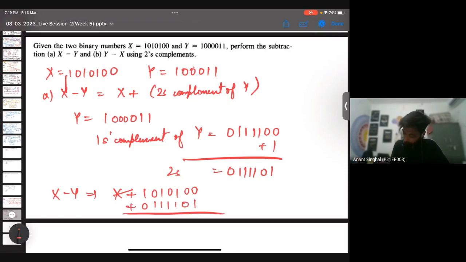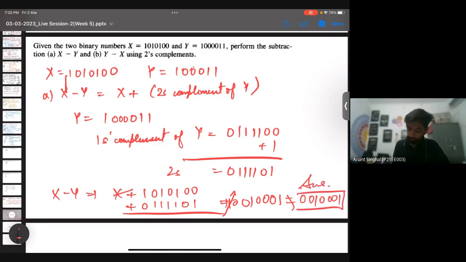If I add it, it will be 1 0 0 0 1 0 0 1. There is a carry, so we can discard it. If there is a carry, we can directly discard it. So it will be 0 0 1 0 0 0 1.